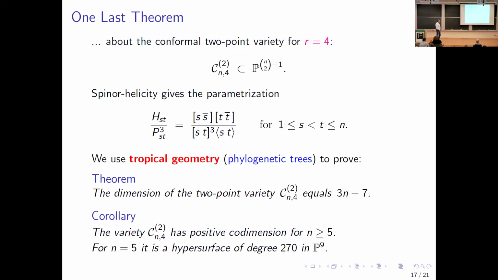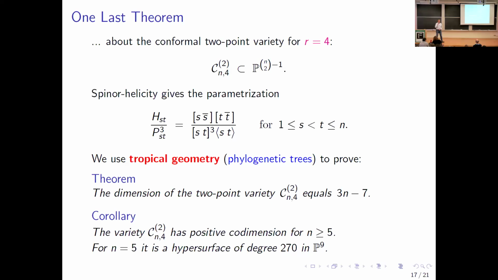In particular, it has positive codimension for n greater or equal to 5. If n is 5, then this is 15 minus 7, that's 8, in a projective space of dimension 9, 10 minus 1. That's a hypersurface. And we know that the hypersurface is of degree 207.